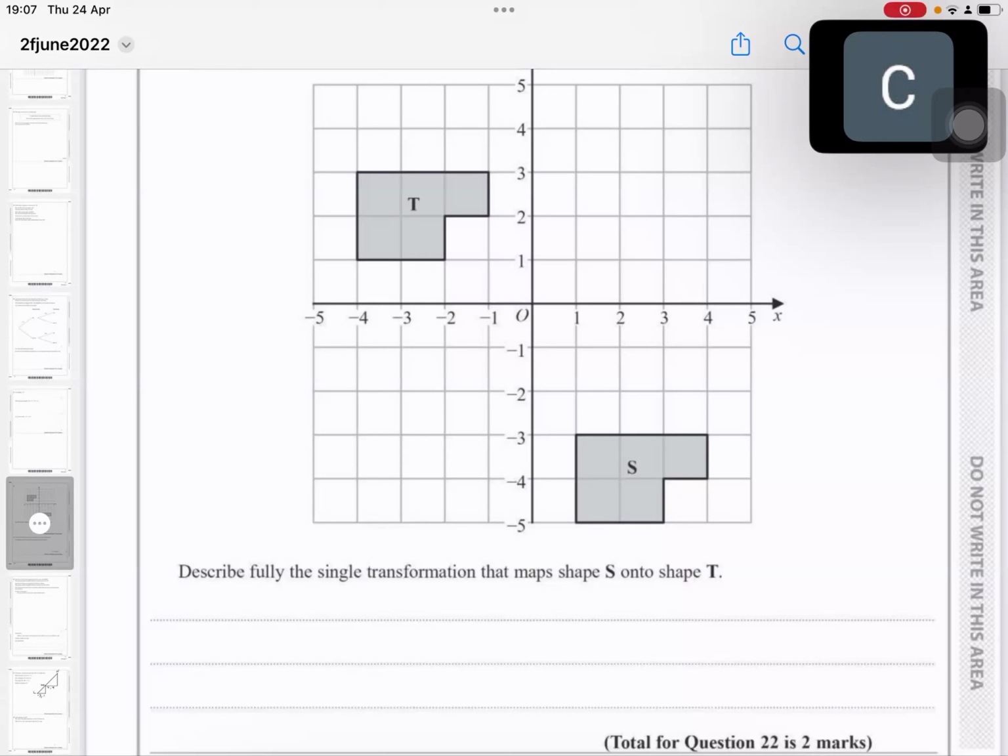It says describe fully the single transformation that maps shape S onto shape T. So if we flip S from the right hand side onto the left hand side, okay, no, that will not be it.